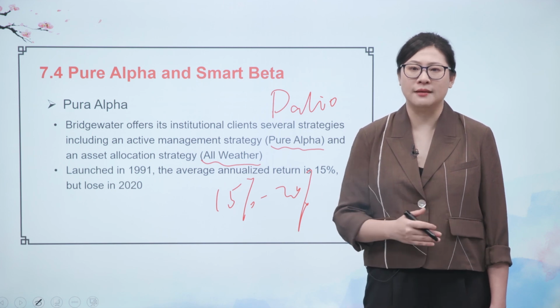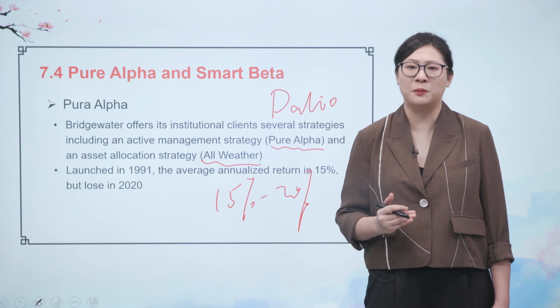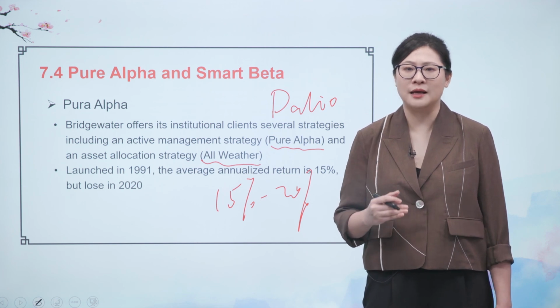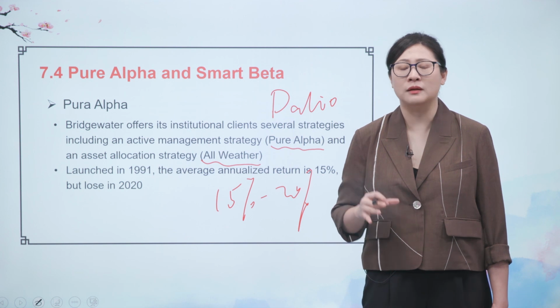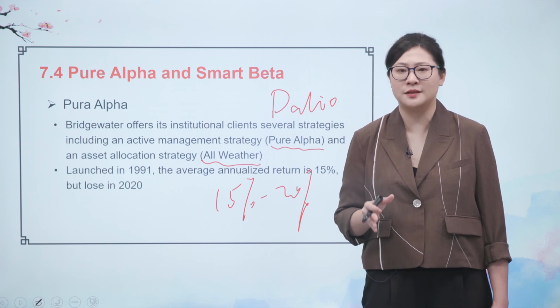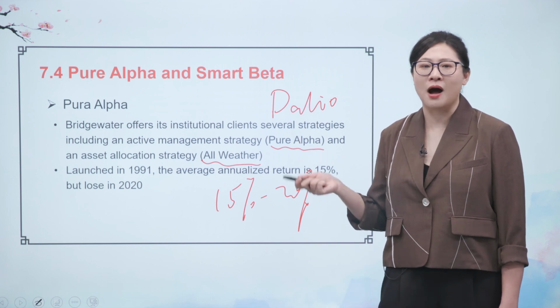Two weeks ago, there was a huge decrease in the stock market. It's because foreign investment flowed out of China. So that's the big problem. The volatility of the Chinese stock market recently is very high. So that's the pure alpha strategy.